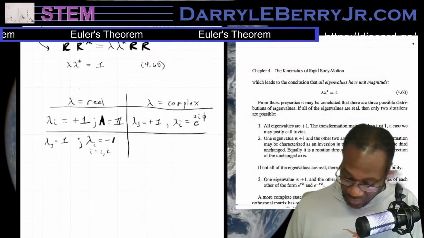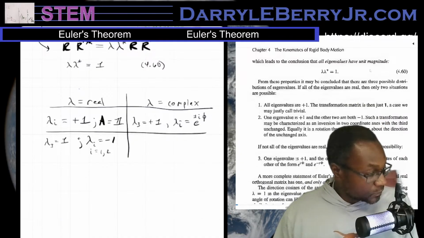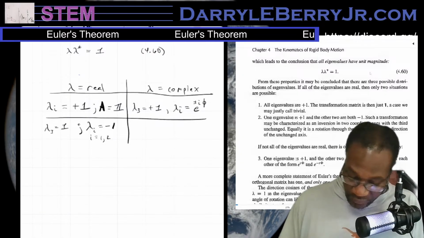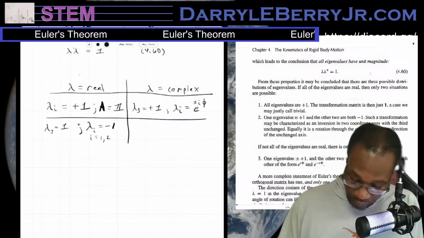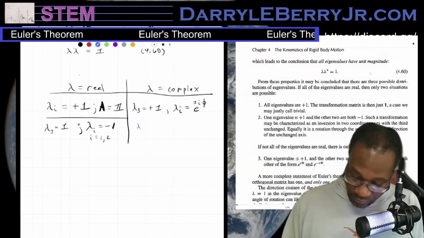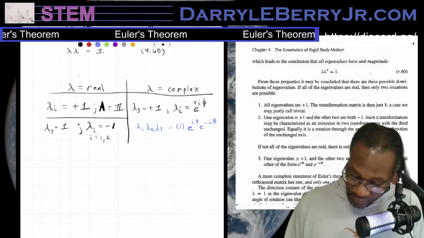So we have this. Of course, the way this will work is if we have lambda 1, lambda 2, lambda 3, this will be 1 times e to the i phi times e to the negative i phi.